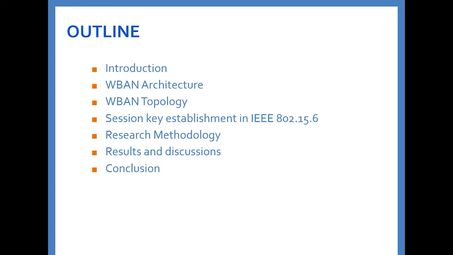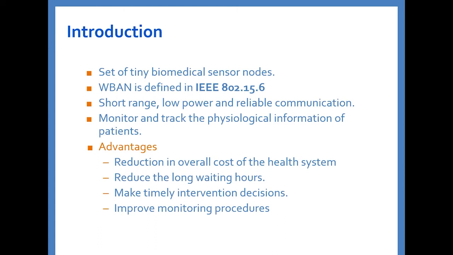Then I will concentrate on the research methodology followed in this systematic literature review. Then I will explain the results and discussions obtained in the systematic literature review for ensuring the data freshness in mutual authentication schemes in WBAN. Finally, I conclude this presentation with significant results.